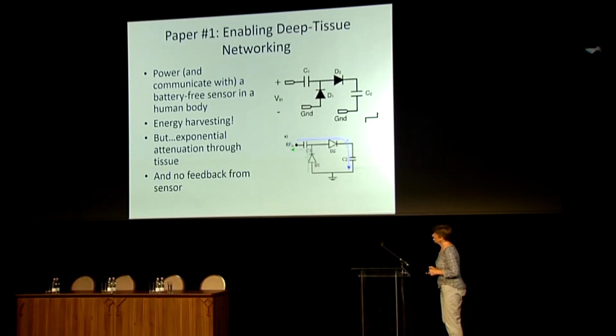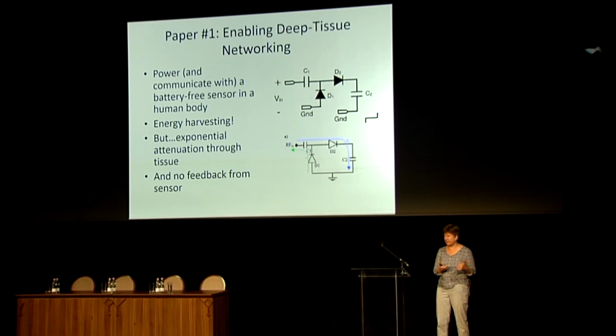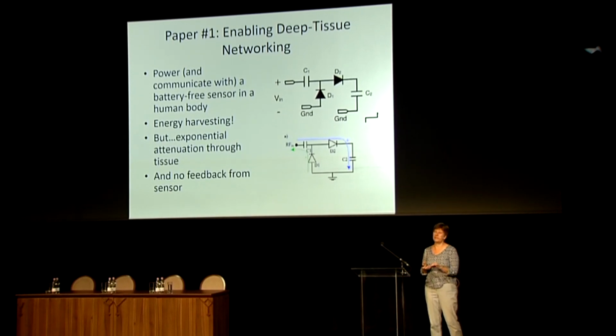So the first paper also uses multiple antennas and beam forming, however, in a very different context. It's a much lower frequency portion of the frequency spectrum, because this is a paper about communicating with and powering a battery-free sensor that's in the human body.